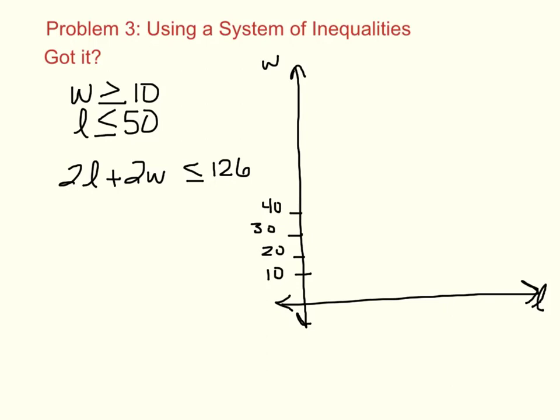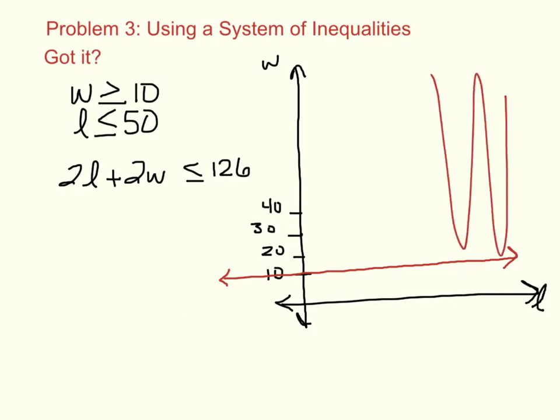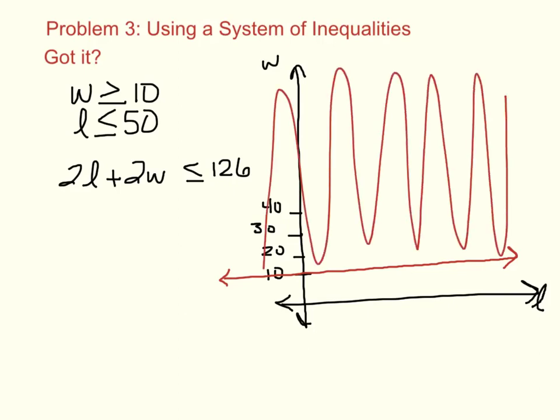I'm going to use red for this. Width has to be more than 10. So if I draw my line, it's going to be a horizontal line. It can be equal to 10, so that's why I have a solid boundary line. And it has to be greater than or equal to, so I'm going to shade above. Now my length has to be less than 50.